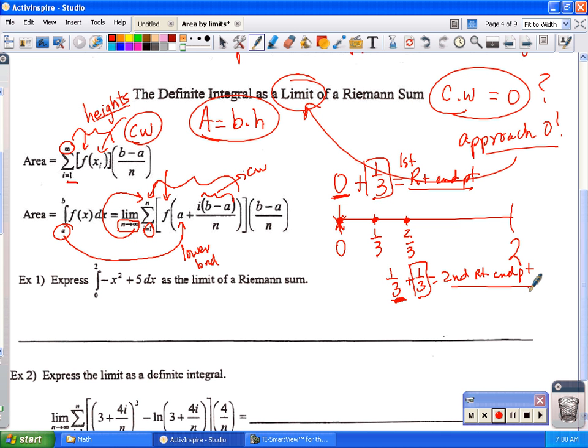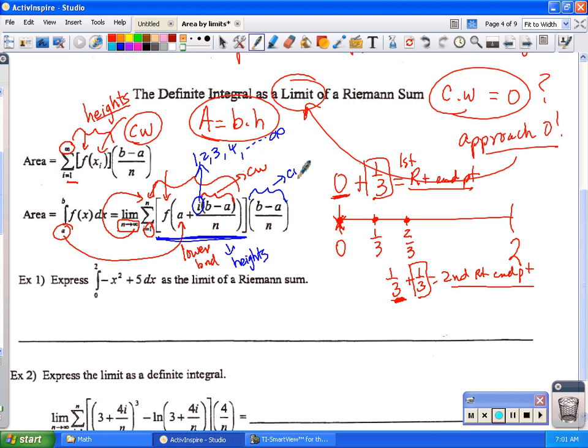So that's what the counter, that's what i is doing. It's moving me from the first right endpoint to the second right endpoint to the third right endpoint to the fourth right endpoint, and eventually to the infinite right endpoint. So this box right here, I know there's a lot of writing here, but there's a lot of stuff going on. That entire box represents the heights of my rectangles. Now the b minus a over n, it's steady.